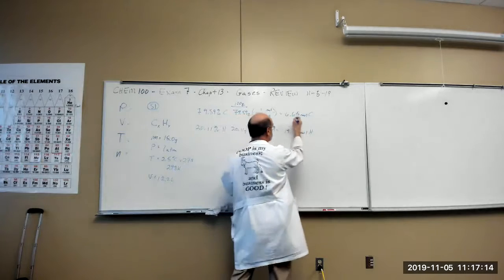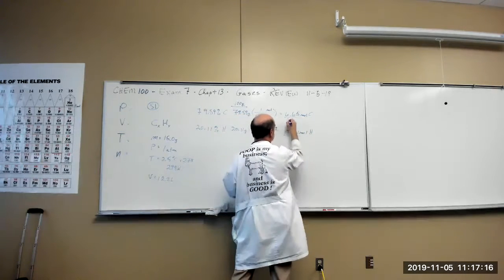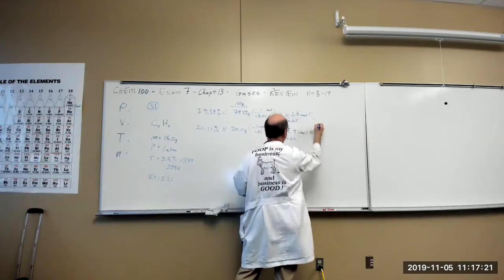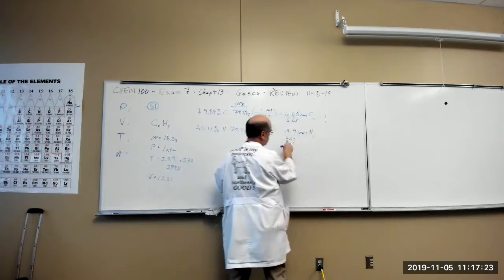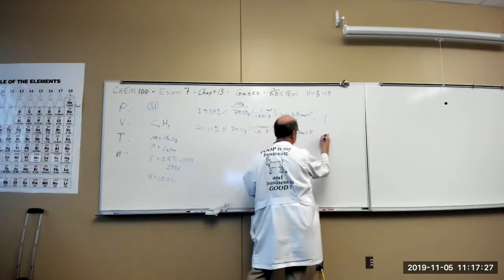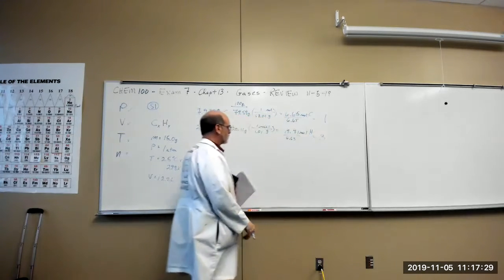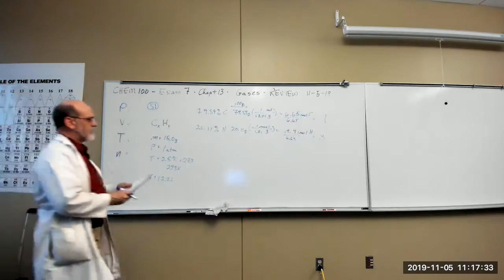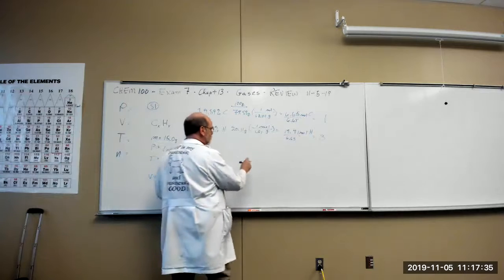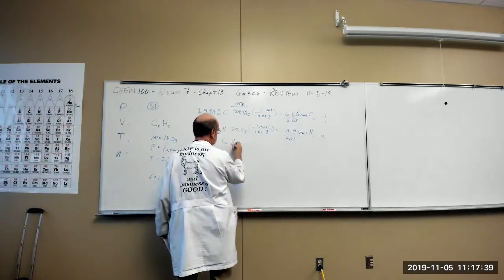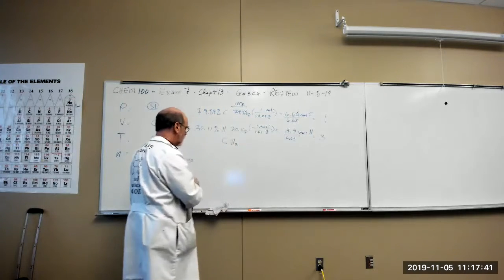Right? So we divide everything by the smallest one. That's 1. And this is going to be 3. Check it on your calculator. So that gives us the empirical formula. 1 carbon, 3 hydrogens.